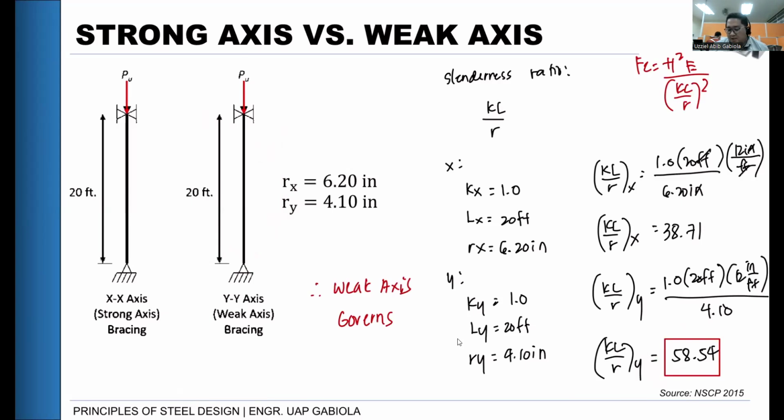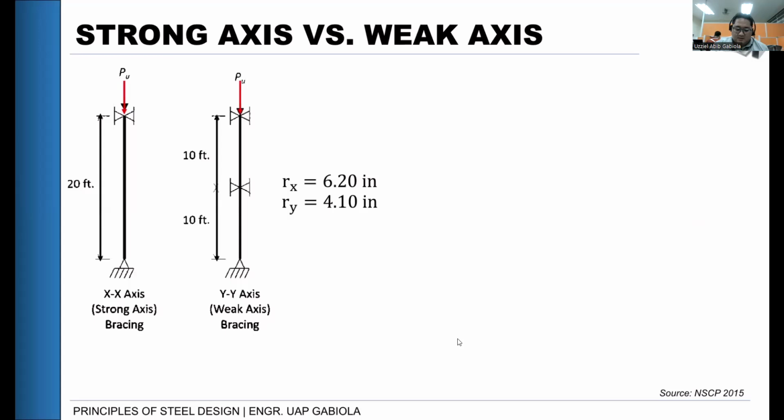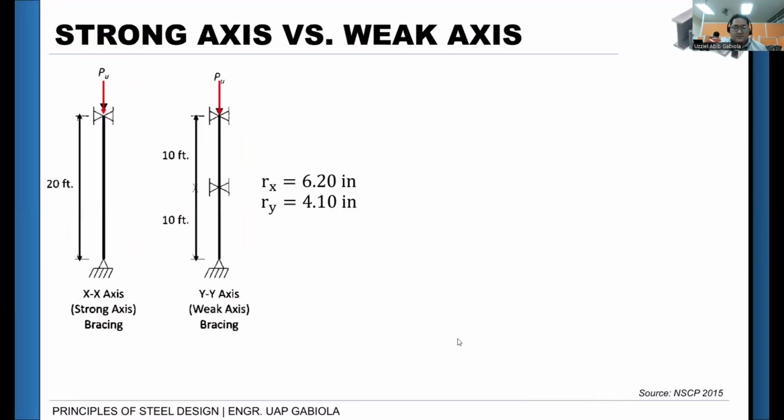So between 38 tsaka 29, mas mag-govern na yung X. It means mas unang magbabakel ito kasi mas maliit na yung distance niya, mas unang magbe-bend yung x-axis natin.